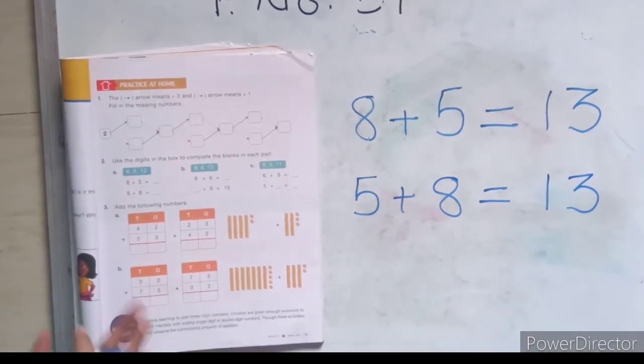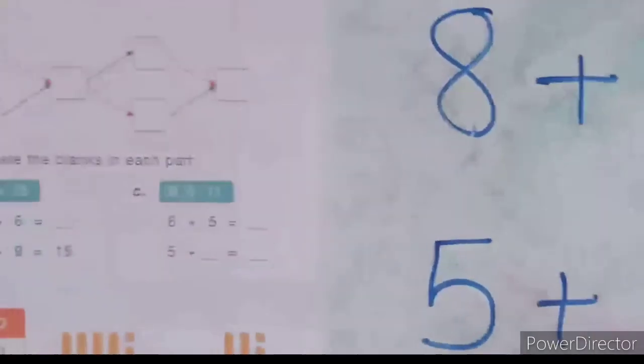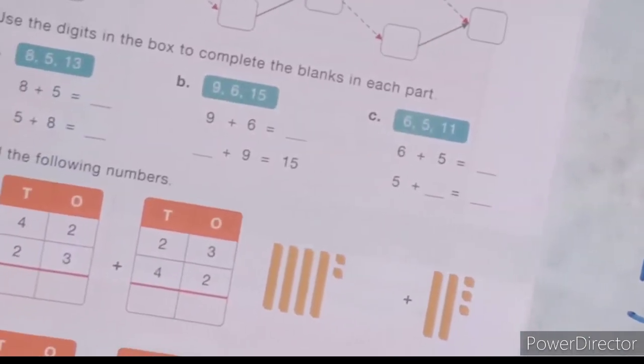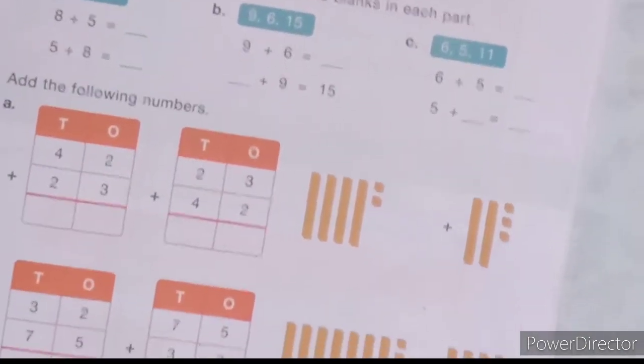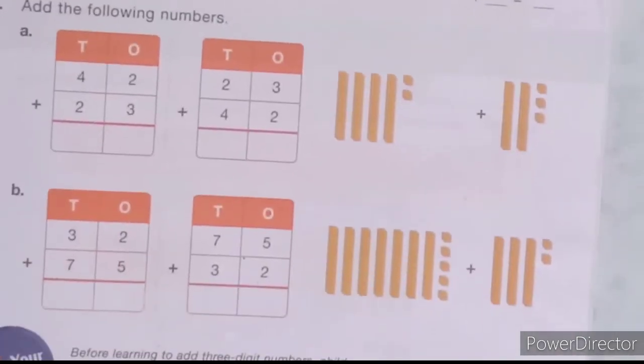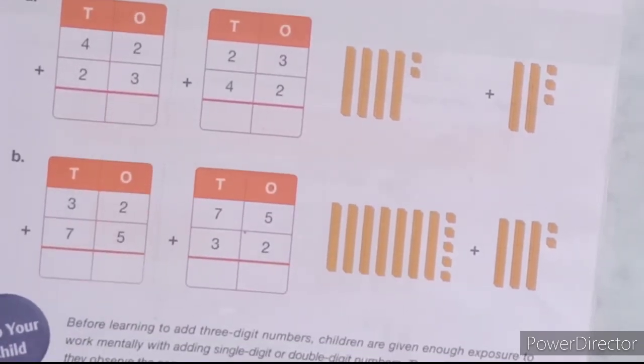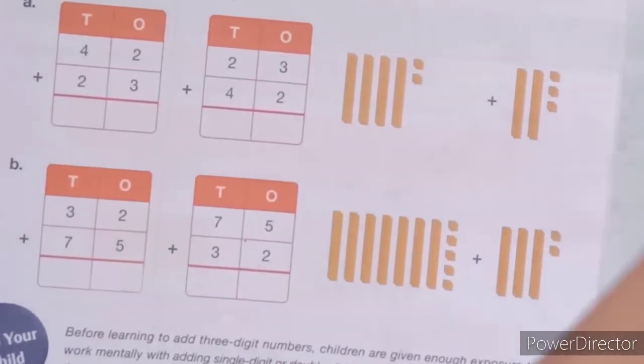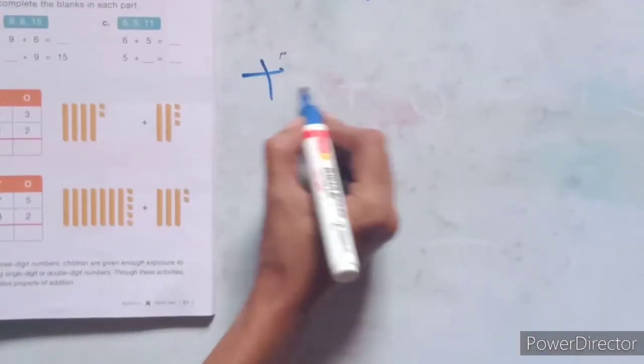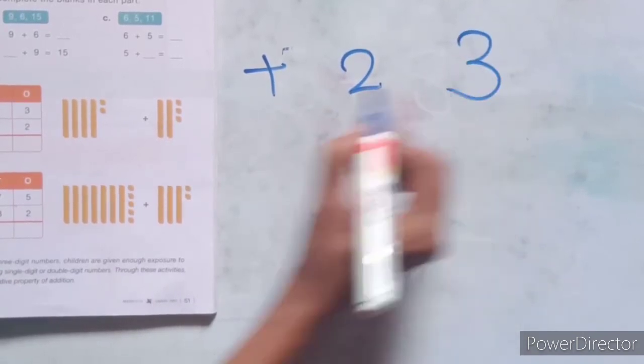Now, see question number 3. Add the following numbers. Now, here these numbers are written vertically. First is 42 plus 23.